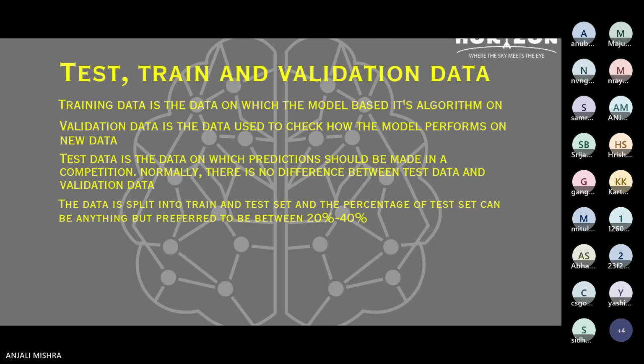Because if we give it unknown data and we don't know the answer, we will just accept whatever the ML algorithm says, right? But we need to be sure if it is saying right or wrong. For that, we use validation data. So I hope it's clear what test, train, and validation mean. Okay, great. Next slide.